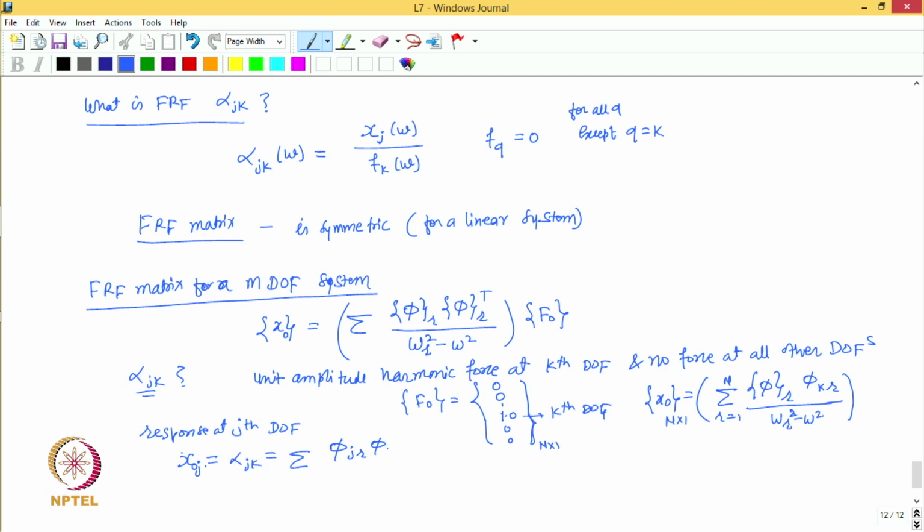So we get alpha jk equal to summation of phi j r phi k r divided by omega r square minus omega square, r varying from 1 to n. So in this way you can see we got this expression for the FRF alpha jk, and therefore this is a very important expression. It says that the FRF basically is dependent on the eigenvalues and eigenvectors. So if eigenvalues and eigenvectors are there, then the FRF can be determined. So it gives a relationship between them.